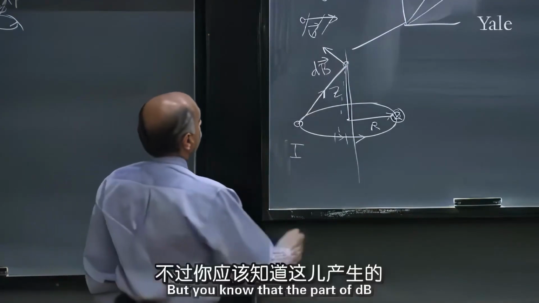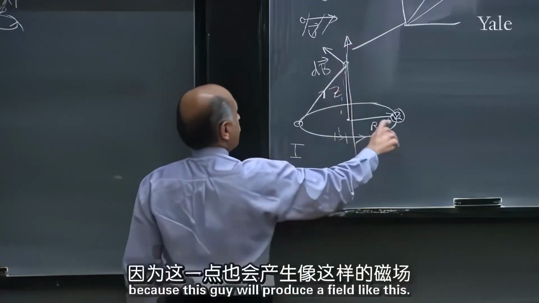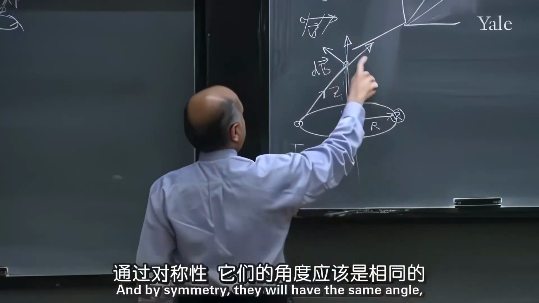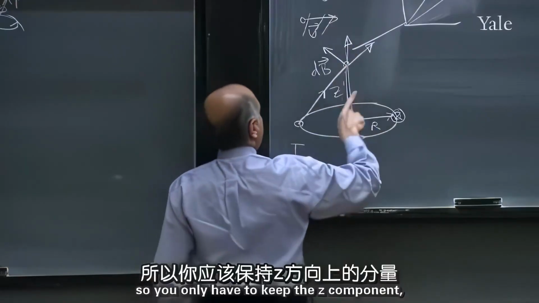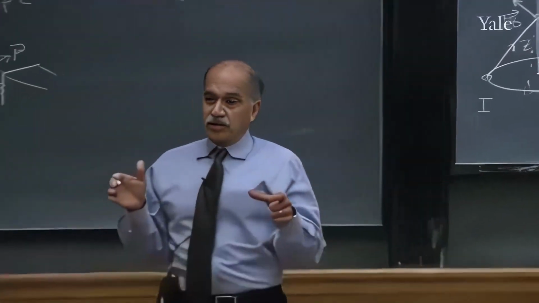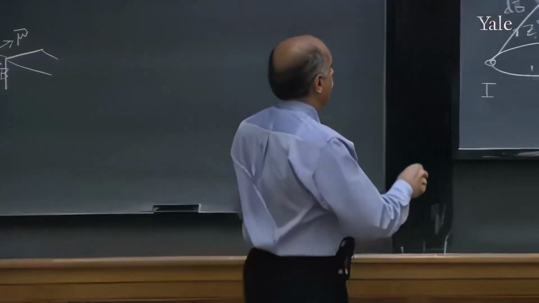But you know that the part of B that's going to survive is the component here, because this guy will produce a field like this. And by symmetry, they will have the same angle, so you only have to keep the z component, not the one in the xy plane. Because for every element I find here, I can find a compensating one on the other side of the circle.